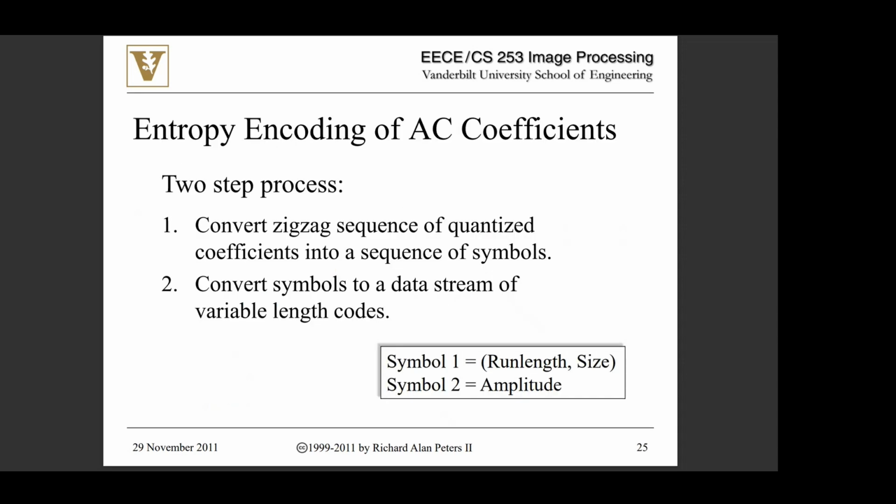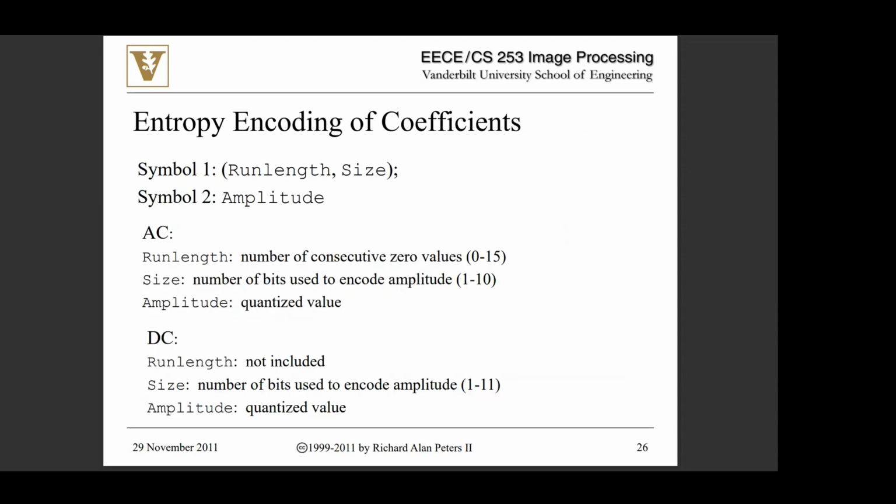So we have 0, 0, 0, 0, 0, and then a number. How many bits have you used to encode that number? And then you will have the quantized value. Okay, so that is for the AC. In the DC, the structure is a little bit different. Run length is not included, and we simply say what is the size and what is the amplitude.